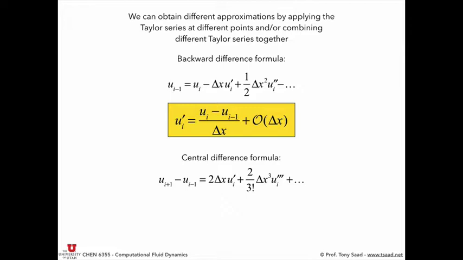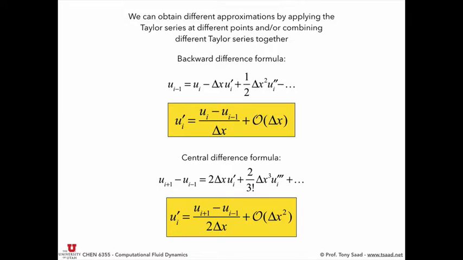If you combine them together, you get another definition for the derivative, but look what happens now. This is called the central difference formula. It gives you the derivative at point I using I plus 1 and I minus 1, but it has a second order error, okay? So whenever you can, if you can get a second order error, go for that, okay? So in evaluating derivatives on that line, you should probably use this one.